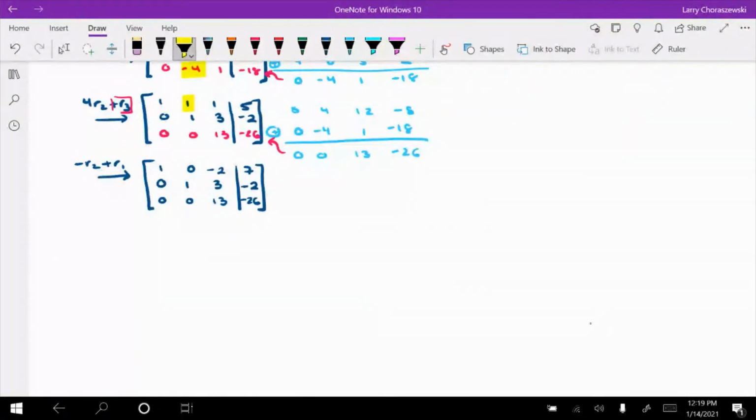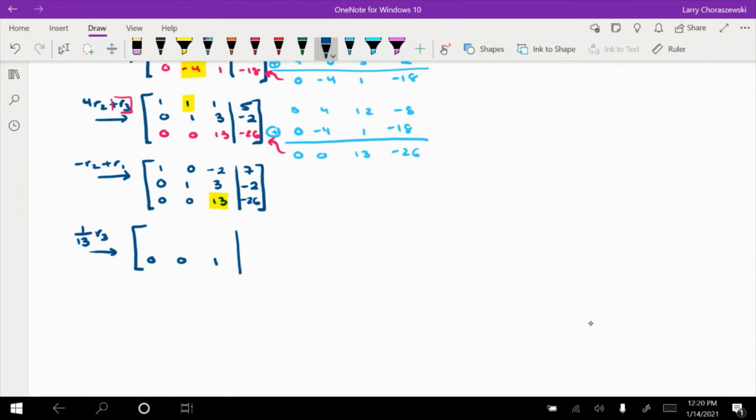To turn this 13 into a 1 via multiplication, we'll have to do 1/13 R3. Okay, so 1/13 times 0 is 0. 1/13 times 0 is the current balance in Mr. C's bank account, still 0. And 1/13 times 13 is 1.